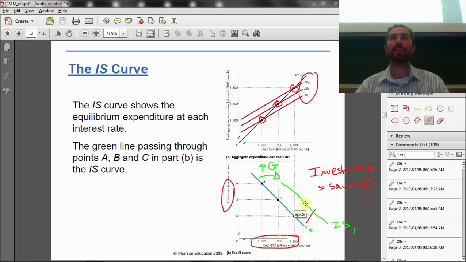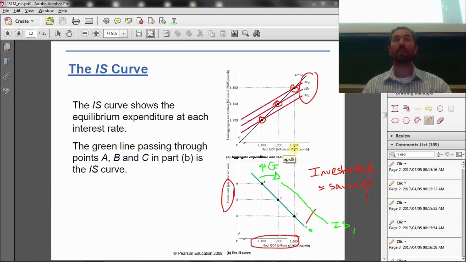If I decreased taxes, would I have the same effect? Remember, a decrease in taxes will mean that my autonomous expenditure shifts up for any given level of output. For any given income level, so in any given level of Y, if government reduces the taxes, I have more money to spend.